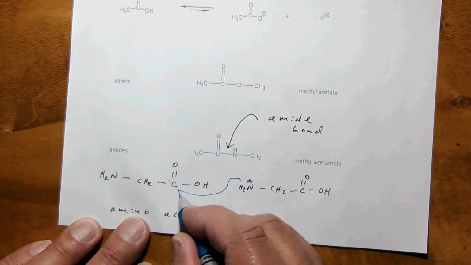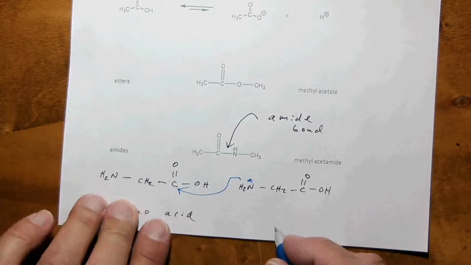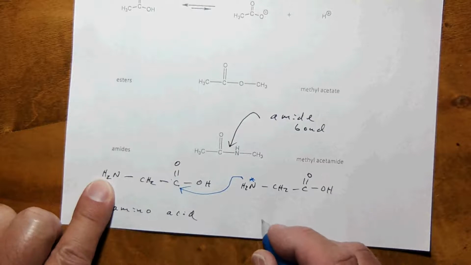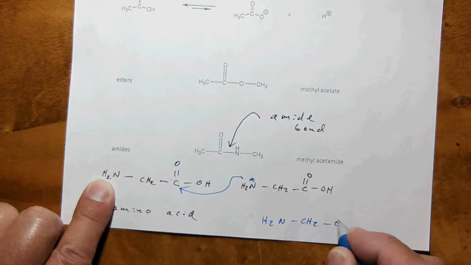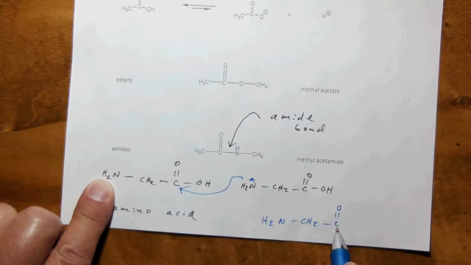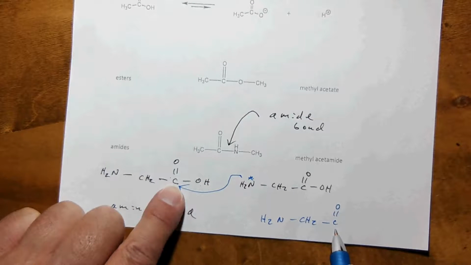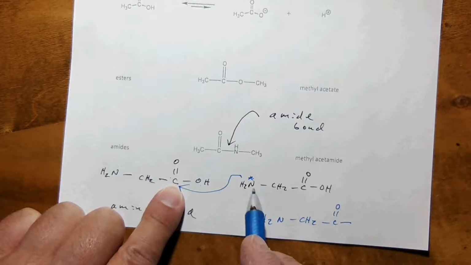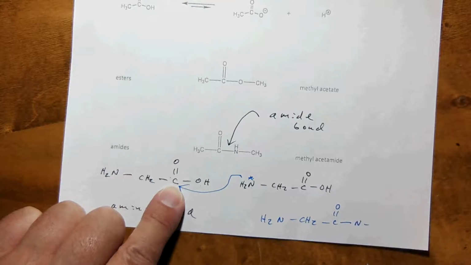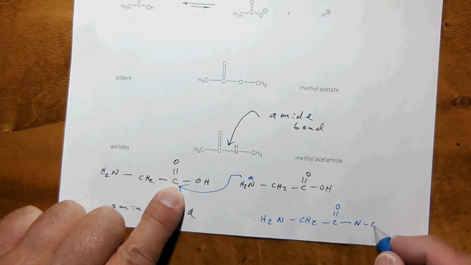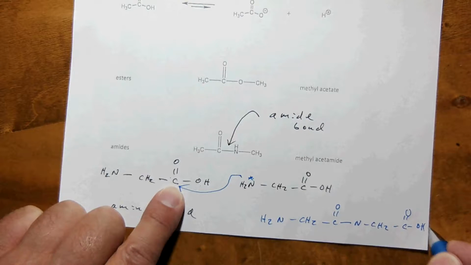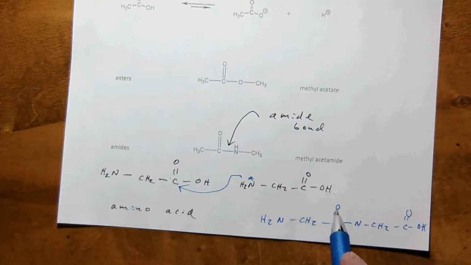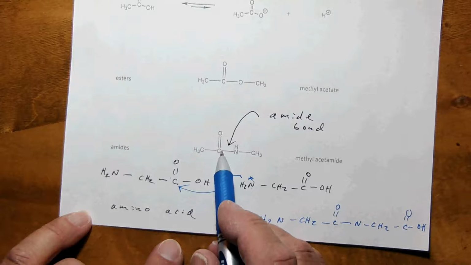You would plug into that carbon, and the resulting structure would be, starting from this H2, H2 and CH2, C double bond O. That C double bond O is this guy, who would now be bonded to this nitrogen, which would then be bonded to this CH2, and that's the amide bond. C double bond O bonded to nitrogen.